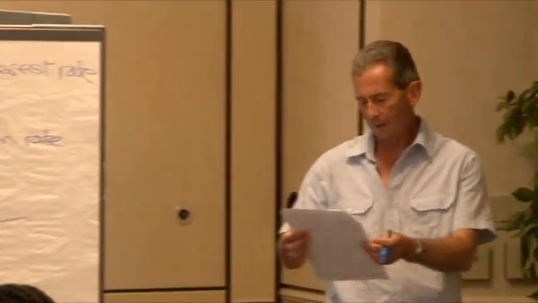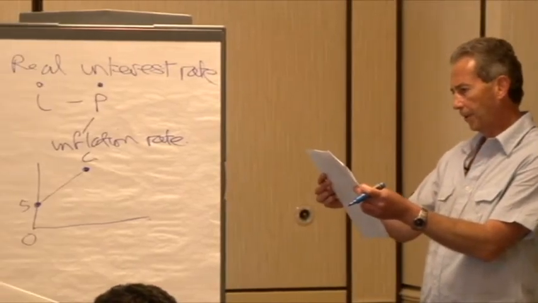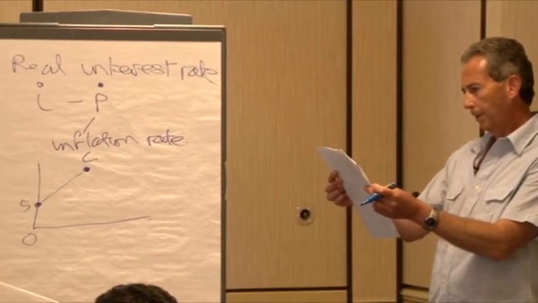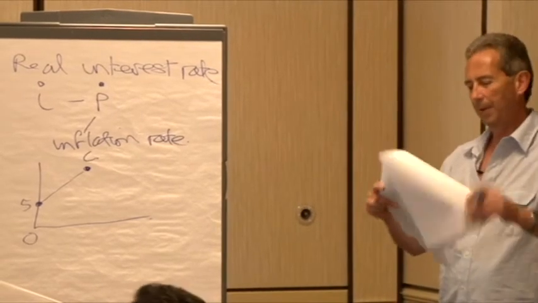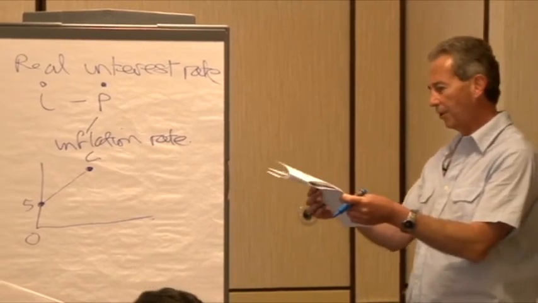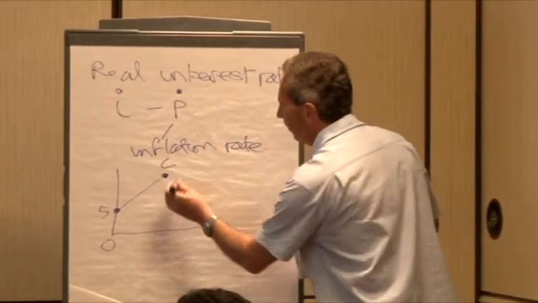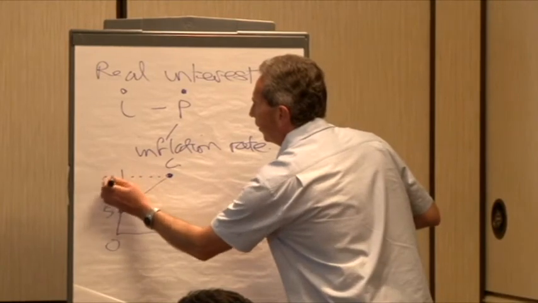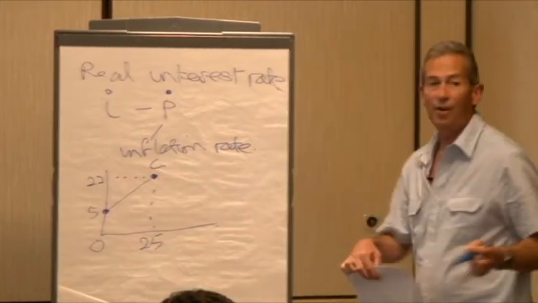That was our line. The figure for C was 15 and 18, yes? No, I got the wrong one here. Yeah, okay. So C was 22 and 25, yeah? So 22 and 25.